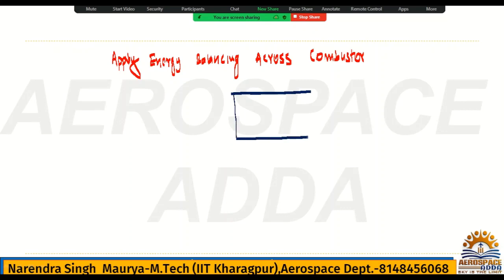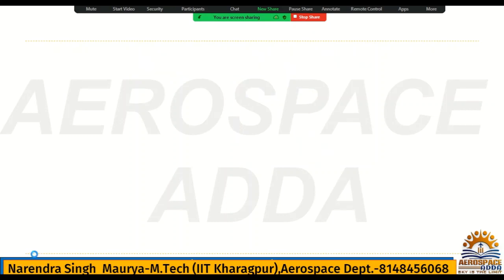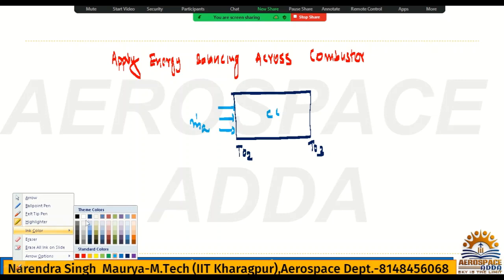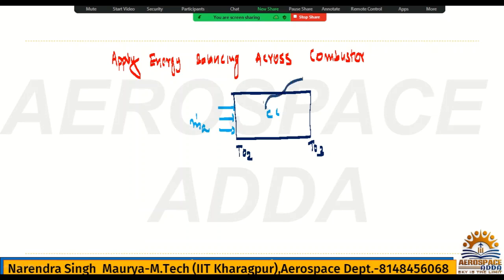Check, this is P naught 2, this is P naught 3, and this is m dot a. This is the combustion chamber, and you are adding here m dot f. So fuel you are adding, but I'm going to talk about the energy. So what will be the energy here? What is the chemical energy?